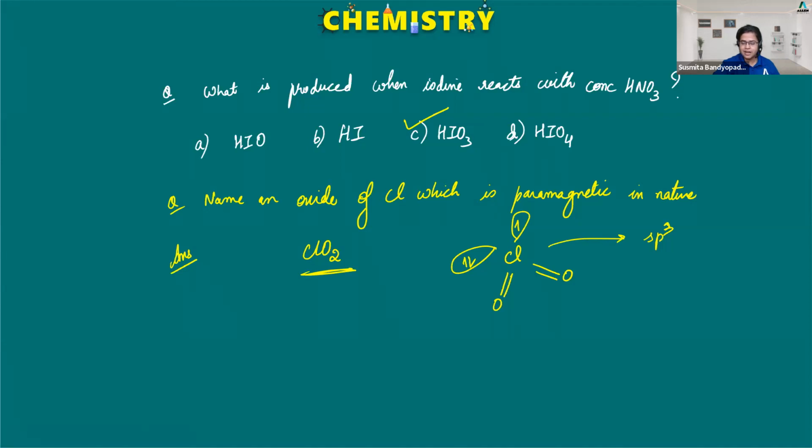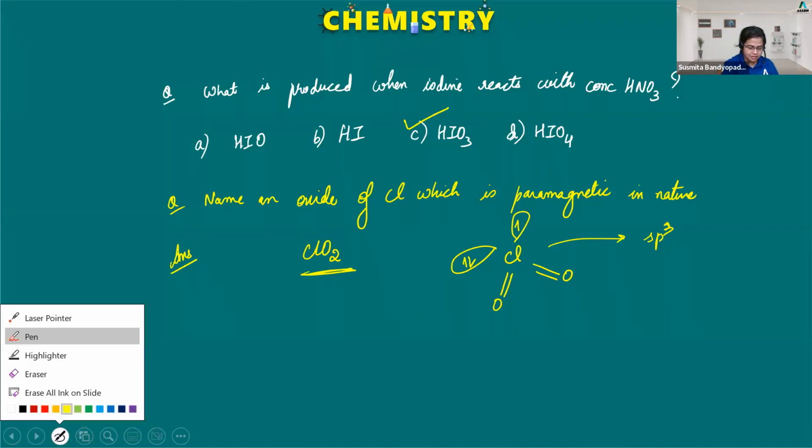Why is it paramagnetic? Paramagnetic substances are the ones which are weakly attracted by a magnetic field; your physics teacher will explain that, but for our chemistry purpose, if the substance contains one or more unpaired electrons, it is paramagnetic. Just see its condition.